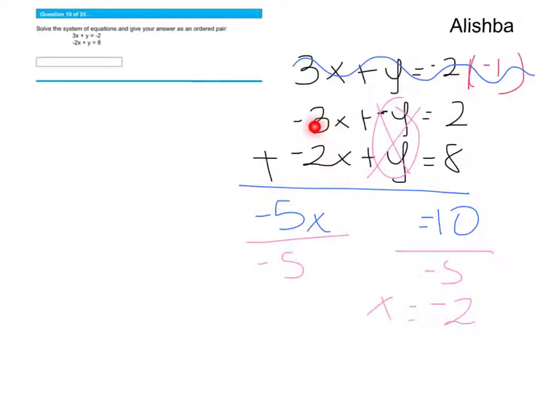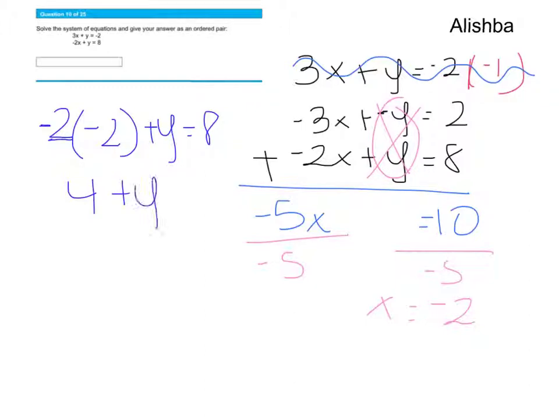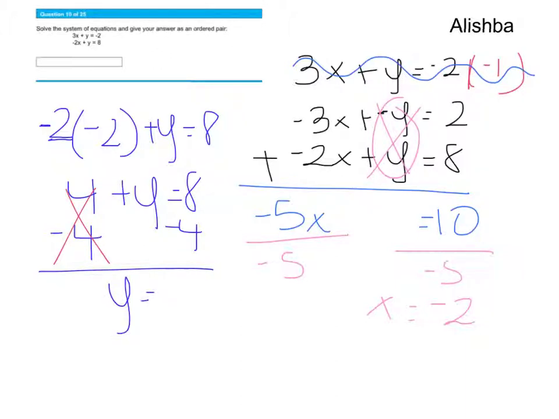I'm going to use negative 2x plus y equals 8, substituting x for negative 2. So negative 2 times negative 2 is 4, plus y equals 8, and I'm subtracting 4 from both sides to get y alone, and you end up with y equals 4.